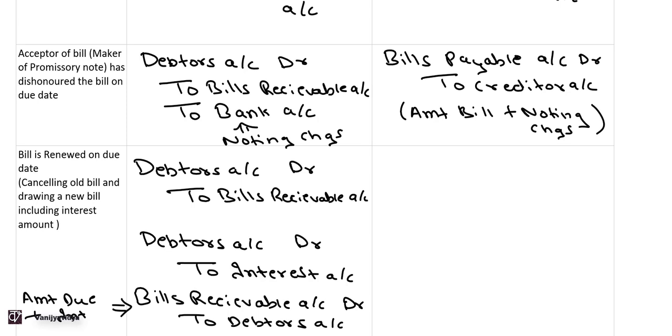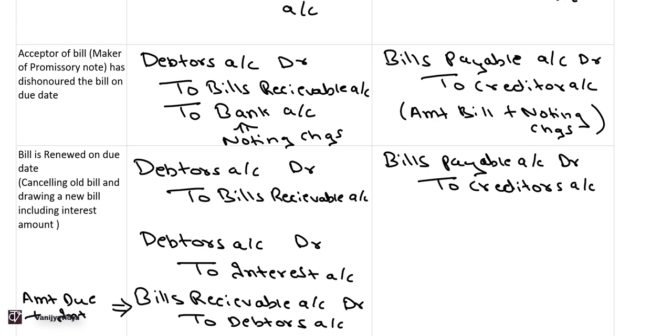Now in the case of the drawee, since the old bill is cancelled, you have to reverse that entry. So that is bills payable account debit to creditors account. Now, there is some interest which has been charged on the amount due and for the extension of the bill period. So it is an expense for the drawee.